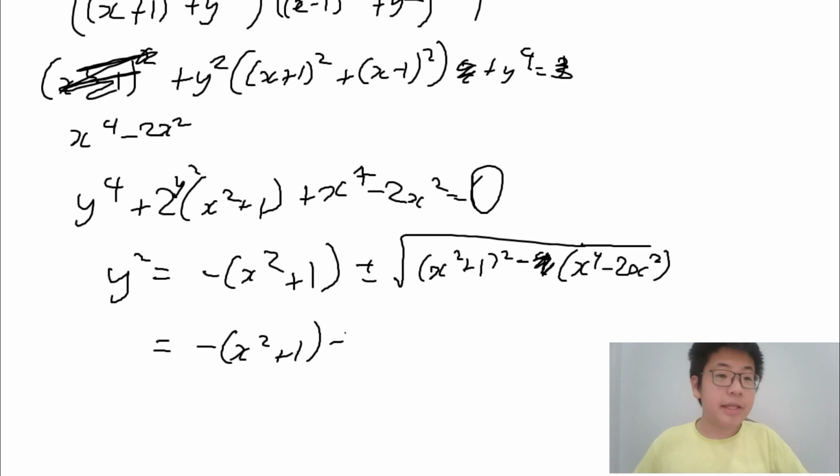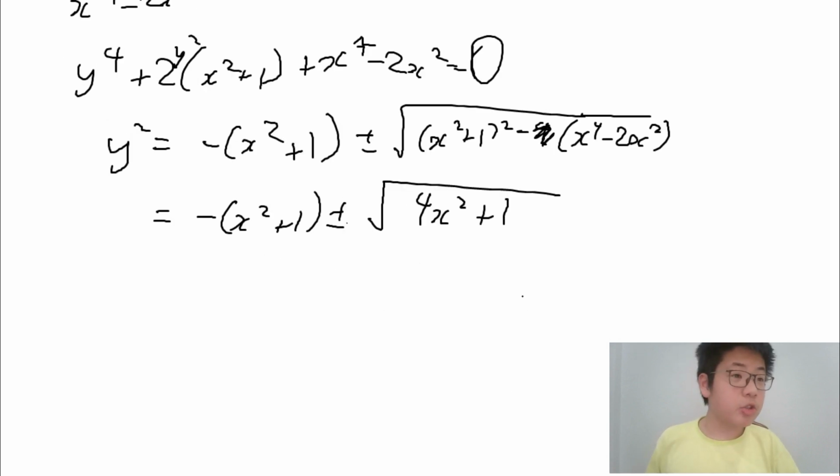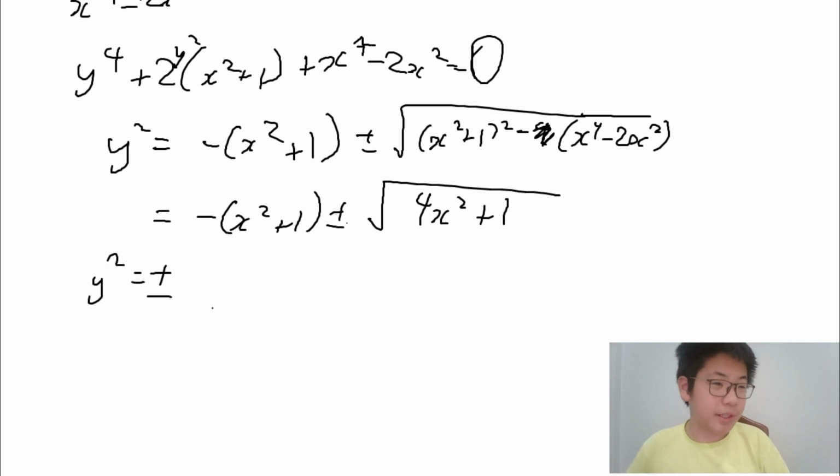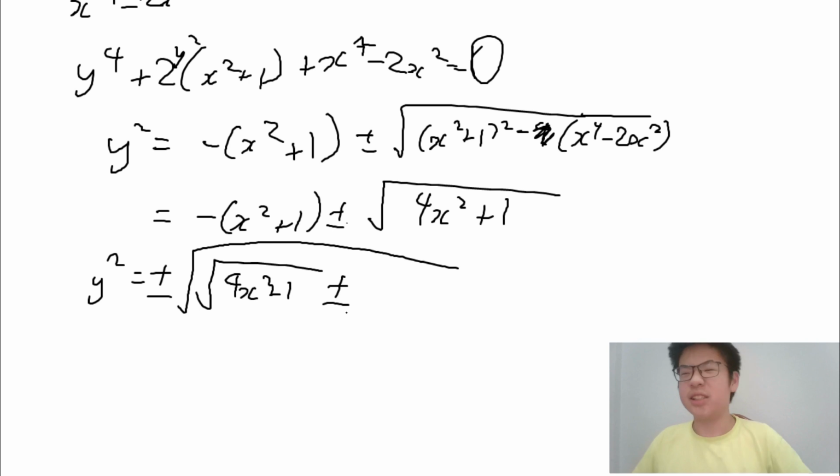This basically means that if we simplify the expression here, then we have 4x squared plus 1. Then this means that y squared will have 2 plus minuses. Now, just because there are 2 plus minuses doesn't mean that the coefficient will result in plus, just because the signs cannot be both plus and both minus.